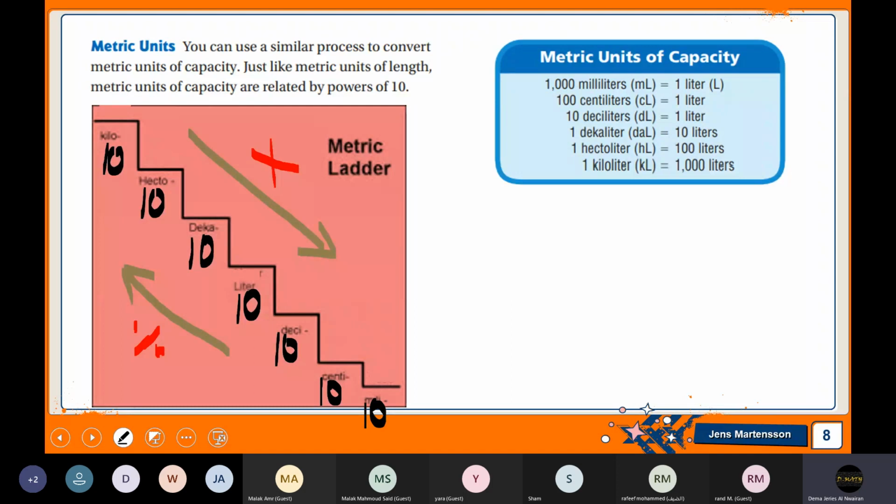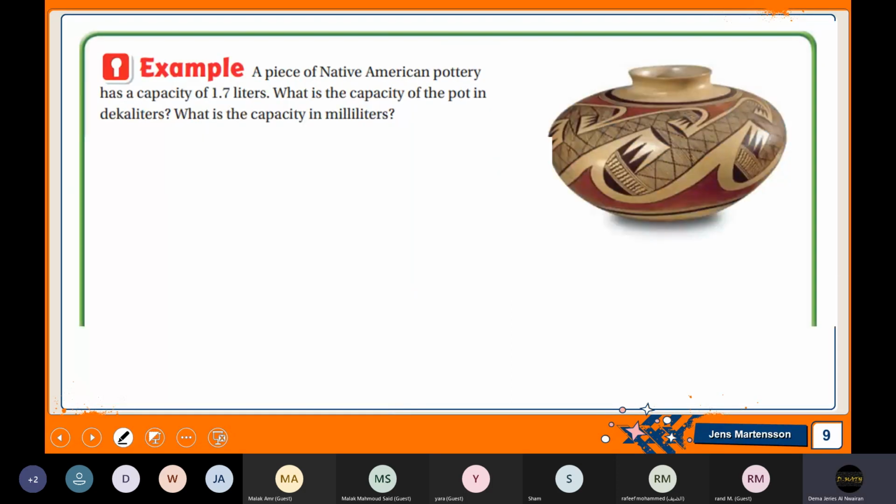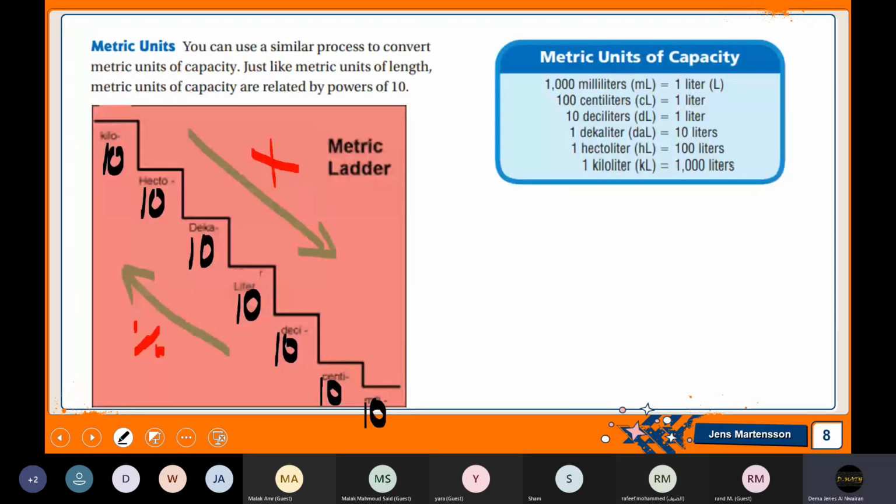Let's see how the questions will come. As an example, you have 30 centiliters, and I want you to find it in hectoliters. What will you do? Focus with me, please. Now, you are on centiliters. Here's the centi.